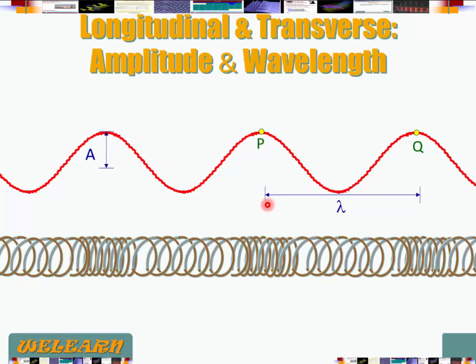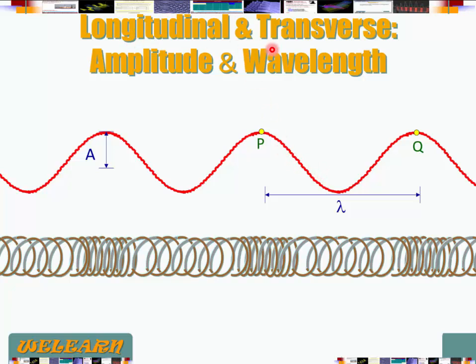Now, what we call the wavelength is the distance from crest to crest, or trough to trough, or any point on the wave to an identical point on the wave. So it's just the length of a single wave.